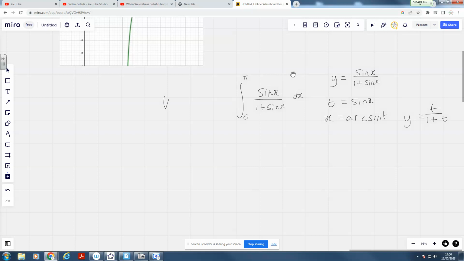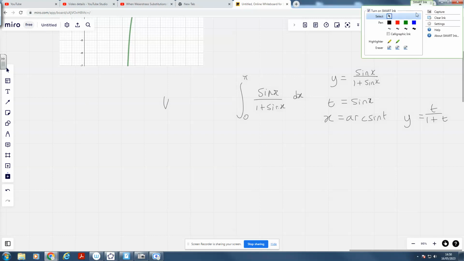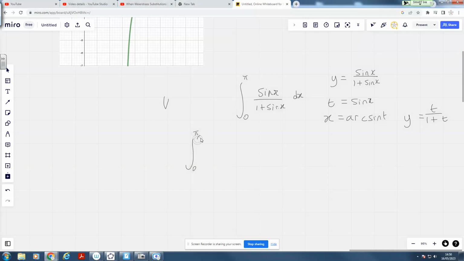I'm certain that we could do a clever substitution to prove that the first half is equal to the last half here, yeah? I'm going to invite you to prove that the integral from 0 to pi/2 of sine x over 1 plus sine x dx is equal to the integral from pi/2 up to pi of sine x over 1 plus sine x dx.